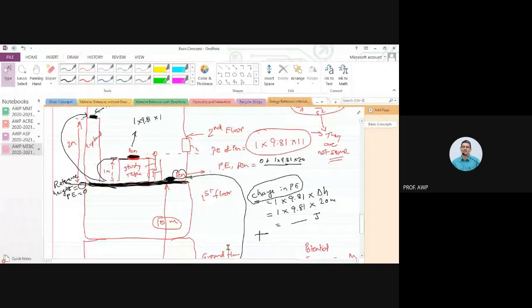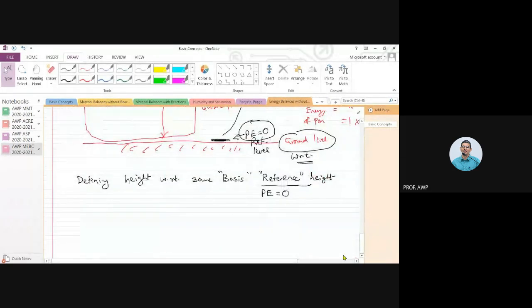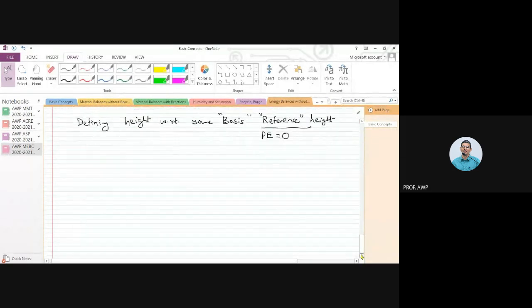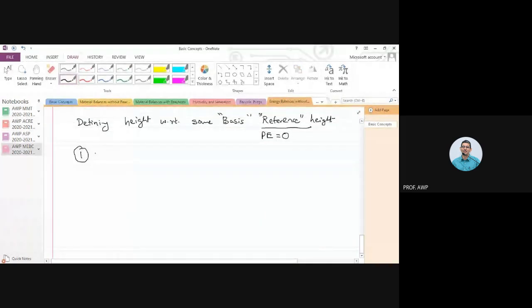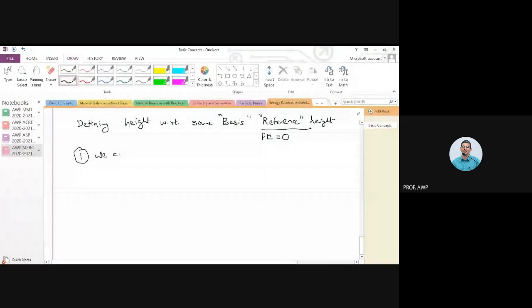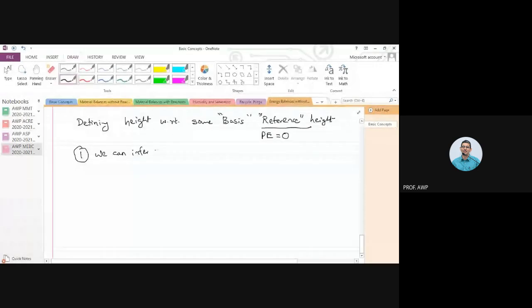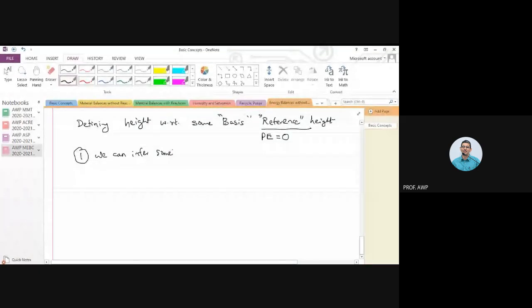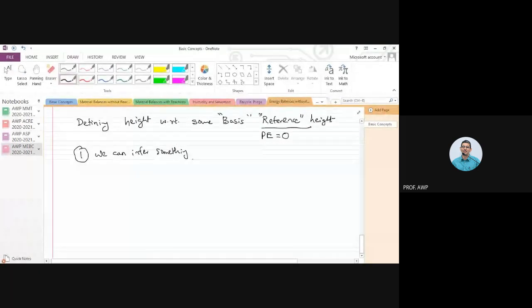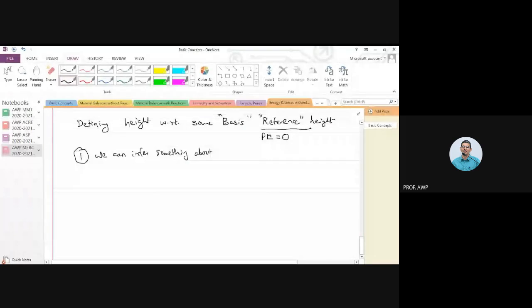So there are two important points that we are talking about. One important point is that we can infer something about enthalpy by measuring temperature.